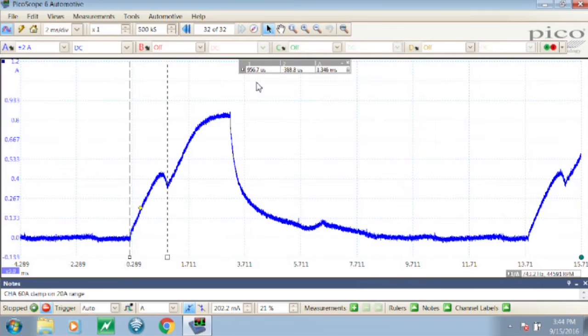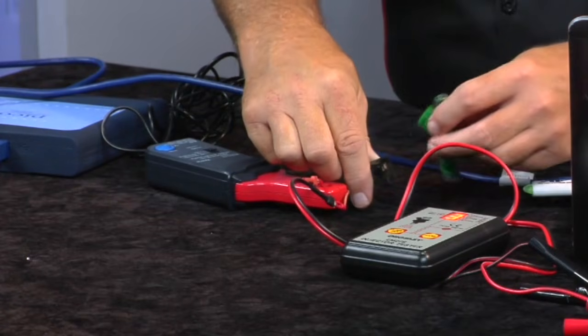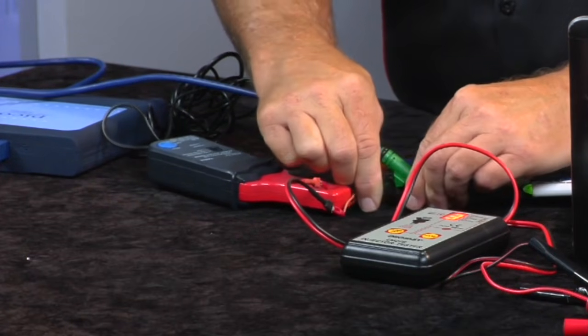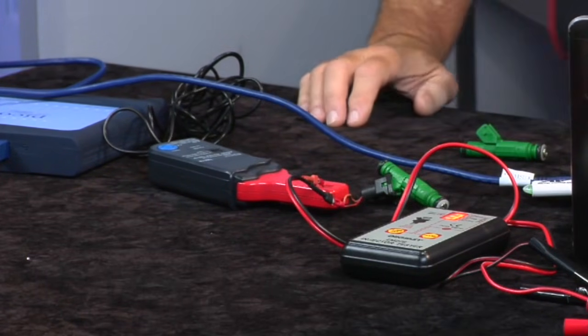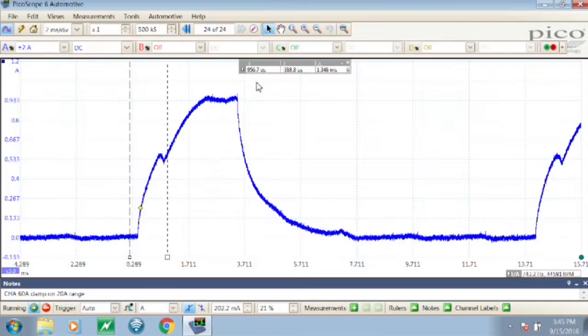I'm going to leave the measurement cursors up for the Bosch injector, and I'm going to move to the knockoff injector. Going to remove the quality Bosch injector and plug in the problem injector. We've got that set. The injector tester box is at the same pulse time, and we're going to pulse that injector and freeze it.